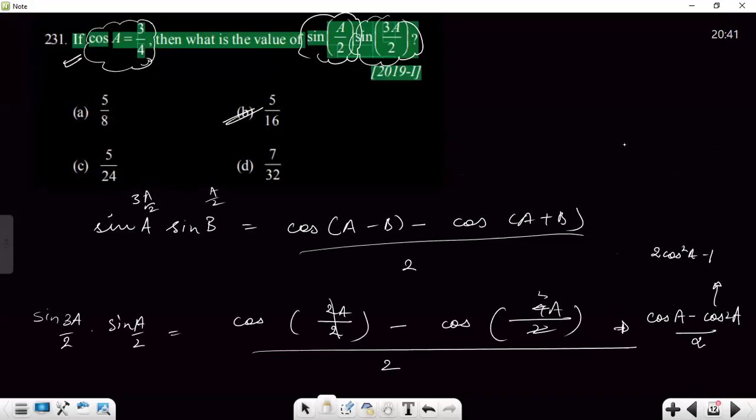If there are any questions you may ask. So we have just observed that sine of A by 2 and sine of 3A by 2 are in multiplication, and we remembered a formula related to that. We modified that formula for our convenience and used it for finding our answer. Clear?